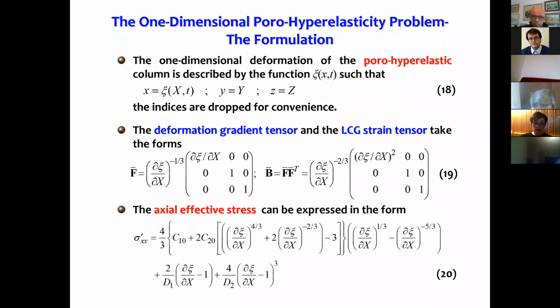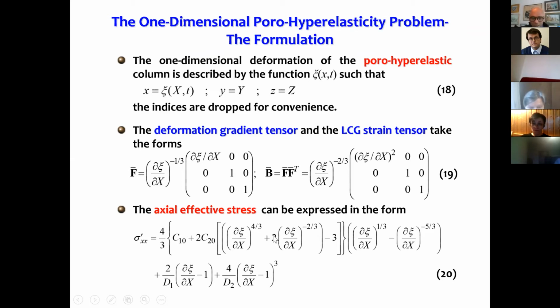So I can formulate the problem in the conventional way. Here's the deformation. The two constrained sides give me these values of the displacements. So the deformation gradient tensor is this, and the left Cauchy-Green strain tensor is this. There's only one stress that we are interested in, and that's the axial effective stress, which is this.